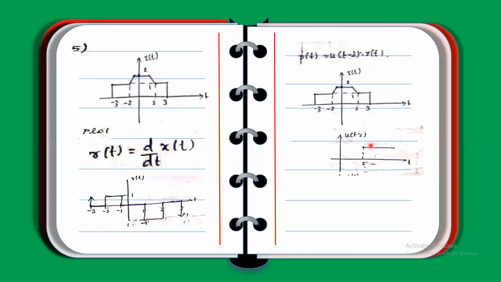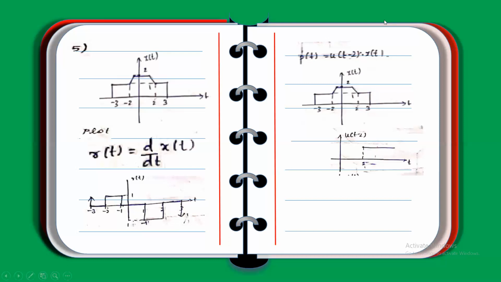From 2 to 3, x of t is present, and u of t minus 2 is also present. This amplitude is 1, so x of t will get multiplied by 1, that is x of t itself. For t greater than 3, x of t becomes 0, so the product becomes 0. The remaining part of u of t minus 2 will be multiplied by zeros. P of t will be 0.